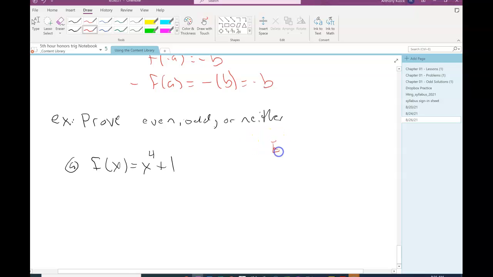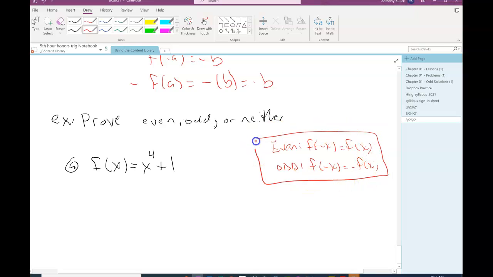So just to rehash, the tool that I'm using to do these algebraic proofs are these two facts. Everybody's okay there?